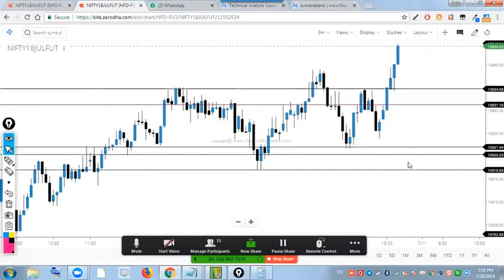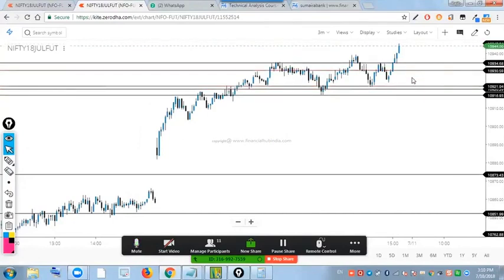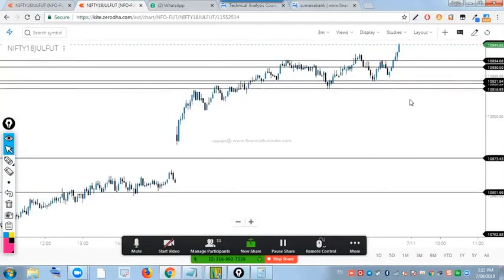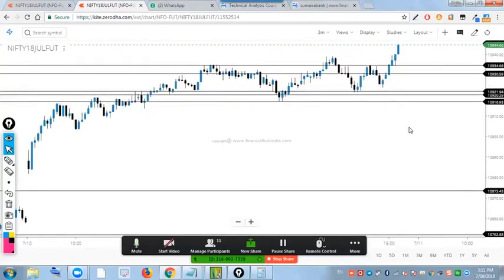34. What do you think? Based on the minor false break, where should be the stop loss? 31. I think 30. This much is enough. You have a good distance here. 31 sounds good.